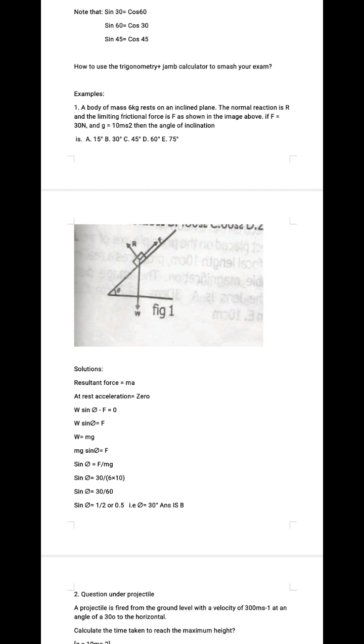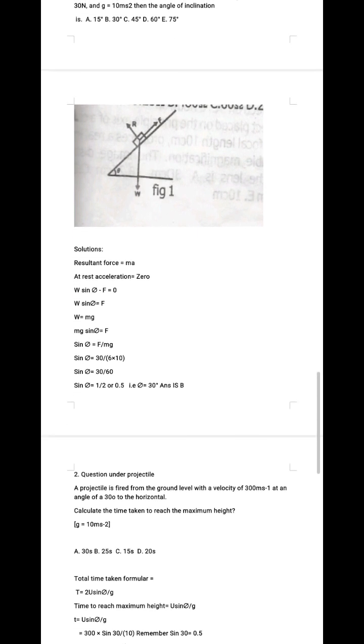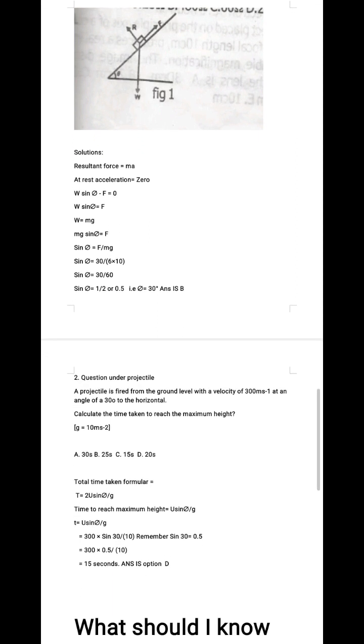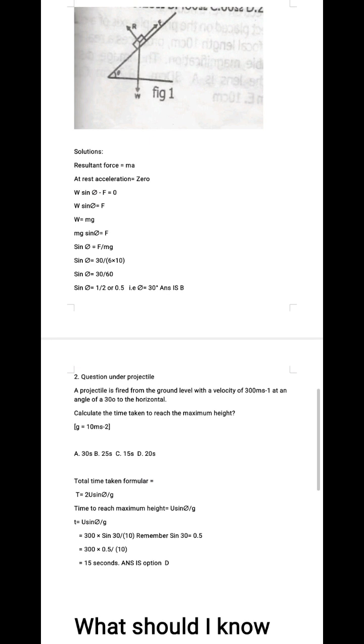You resolve the forces, and you have weight sine theta, where weight equals mass times g, minus your friction equals 0. So weight sine theta equals F, weight equals mg. When you calculate, you can see what I did here. I put 30.